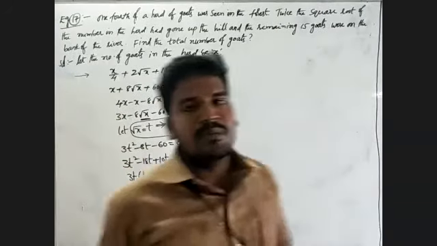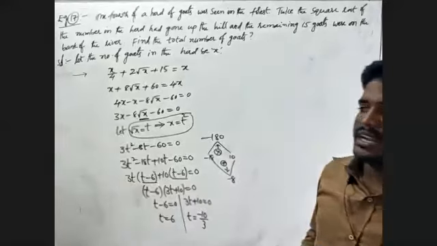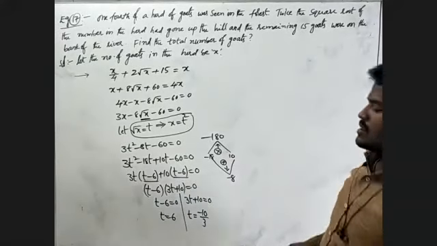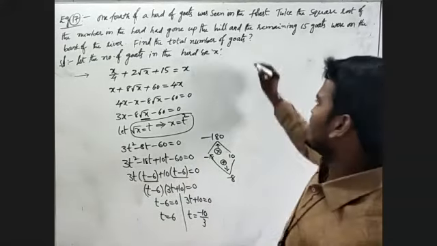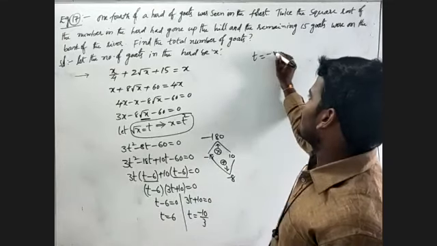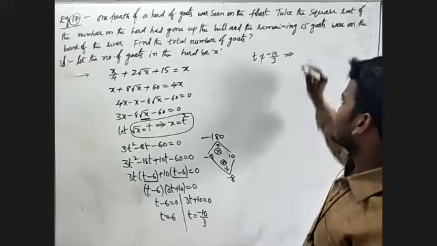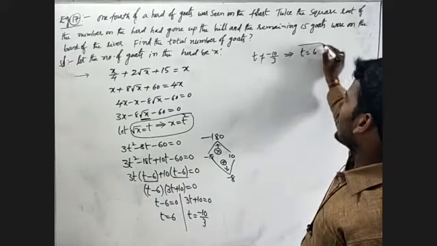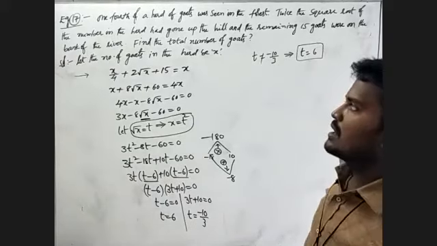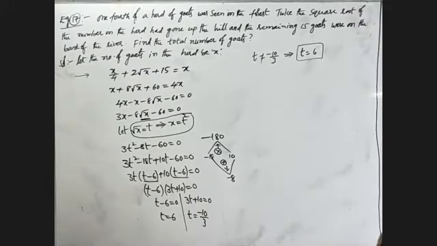Okay, the number of goats does not be in fraction and also does not be negative. So I will not take t is equal to minus 10 by 3. Then that implies t is equal to 6. What we have to find out in this one? Find the number of goats. Goats we take x.